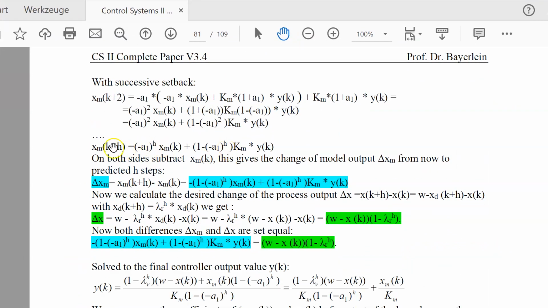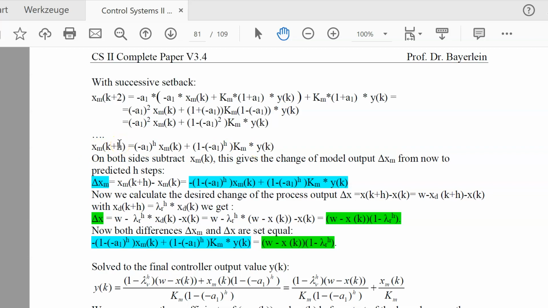Here you see what I have done just before. The model output h steps in the future calculated by the actual model situation and using the y of k controller output, which is constant for h steps.